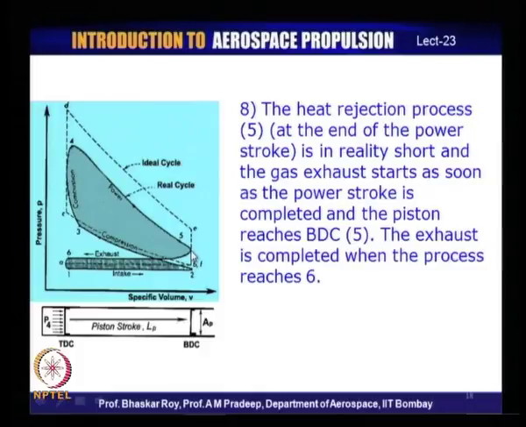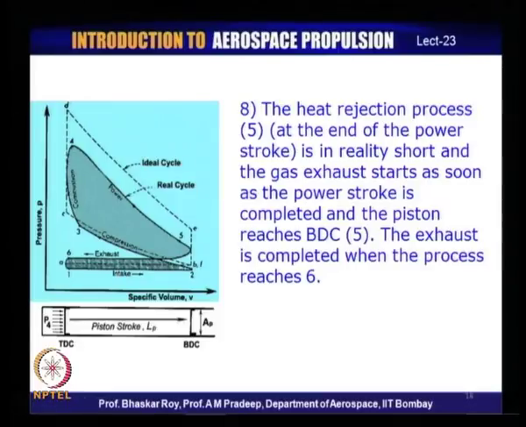It starts off, as I mentioned over here, a little after 5, and then it settles down at the exhaust pressure, which is higher than the ideal pressure envisaged, and it ends up at 6, and then the intake process starts all over again. So, the whole cycle of the engine starts all over again.